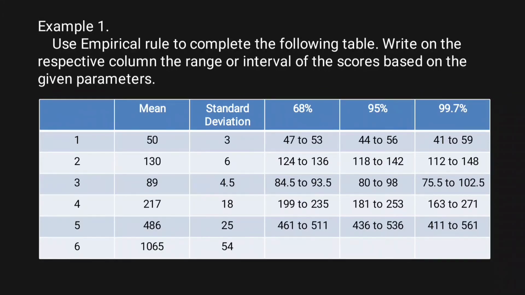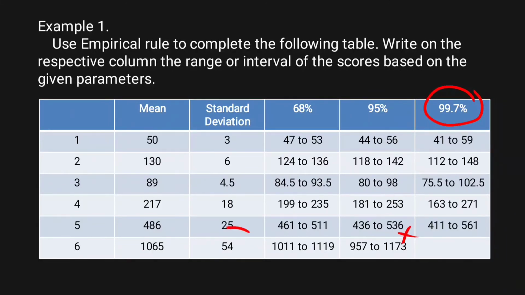Okay, so last example, 1065 minus 54 and then plus 54. The 68% is 1011 to 1119. So subtract ulit natin ang 54 and then add 54 to get the 95%, 957 to 1173, and then finally to get the 99.7%, add and subtract lang ulit tayo.